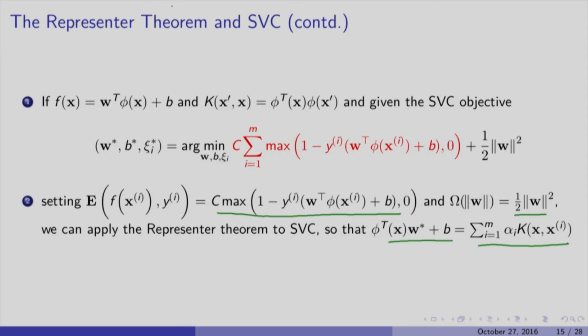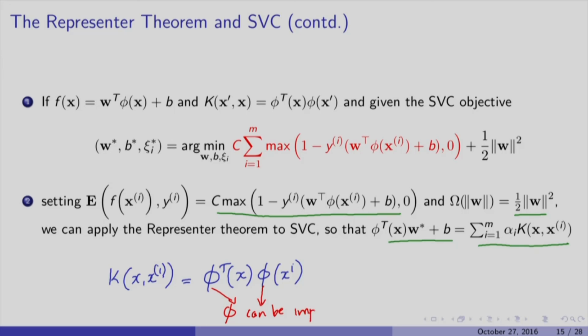Well, we have already said that this kernel k(x, x_i) is the dot product in the phi space of phi(x) with phi(x_i). Like in the case of support vector regression, we can deal with an implicit phi. And in fact, phi can be even infinite dimensional.